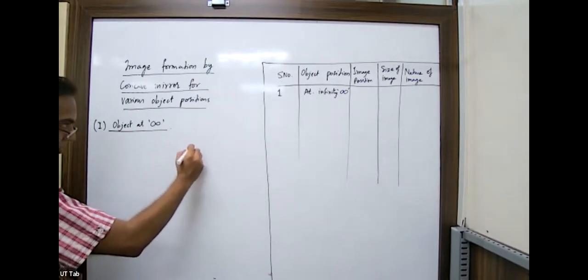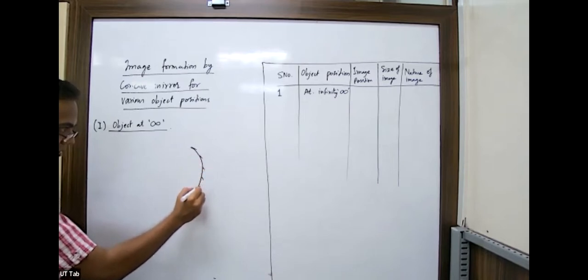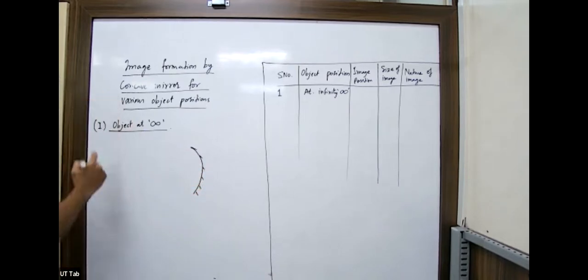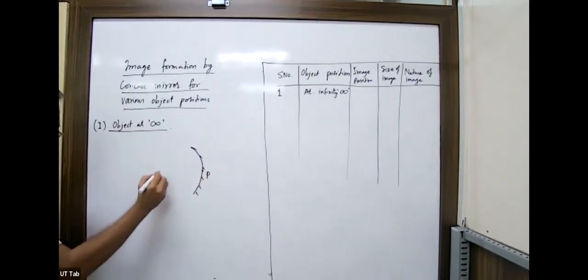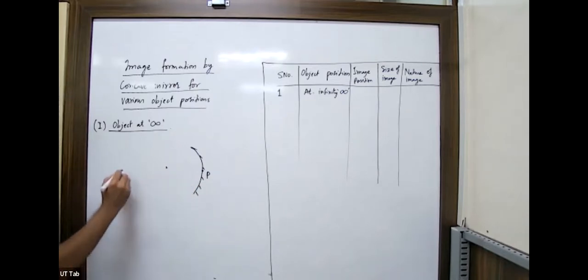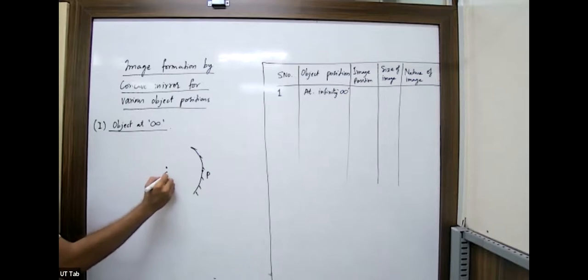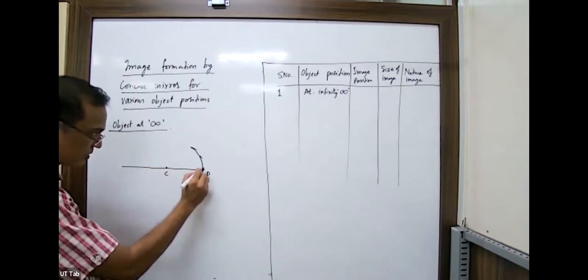So the mirror is like this because it is concave, right? So the first step is we'll mark the pole. Then we'll mark the center of the sphere. Okay, and then we draw the straight line joining C and P. This is the first step we have to do.